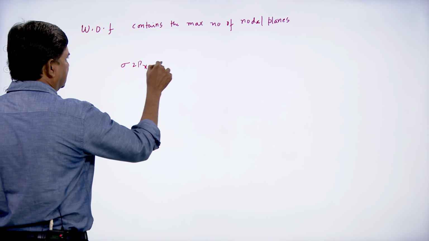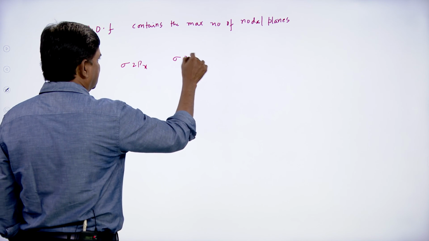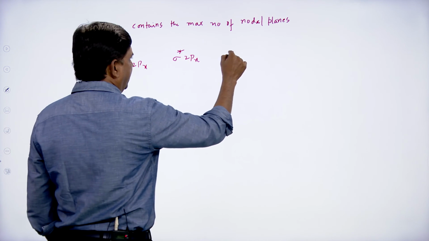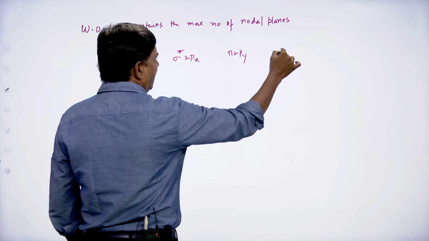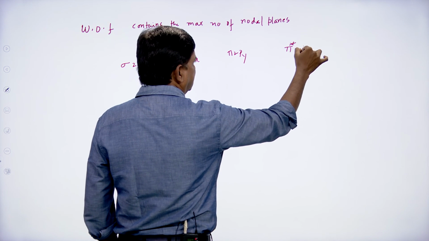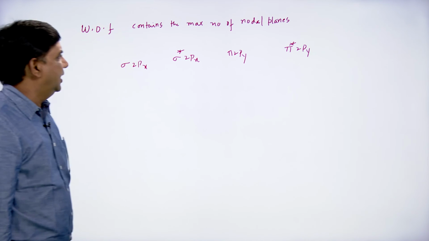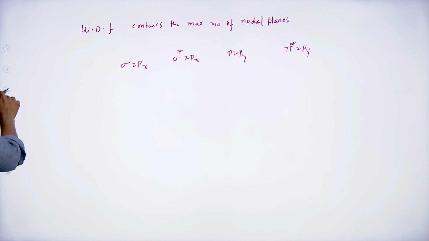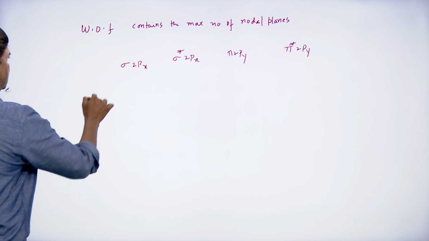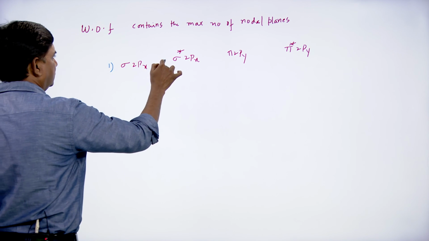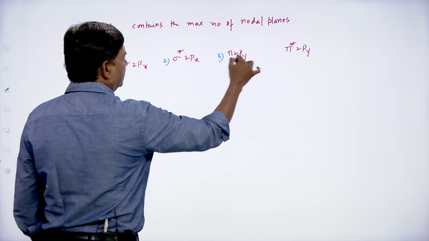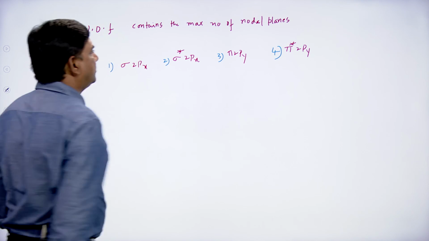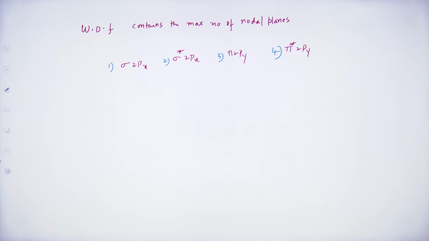The options are sigma 2px, sigma star 2px, pi 2py and pi star 2py. What is the answer? There are 4 options here.